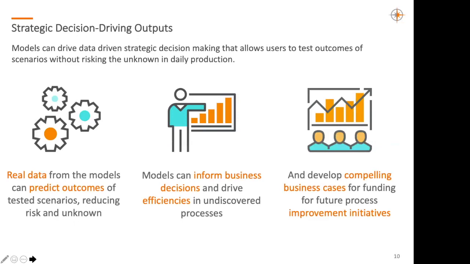Risk is always a big area to consider, and these models tend to take the risk out. As we mentioned, it informs business decisions and drives efficiencies in areas where it would be tough to discover what the answers are unless you modeled it, and helps the actual business case develop in a more quantitative, believable manner.